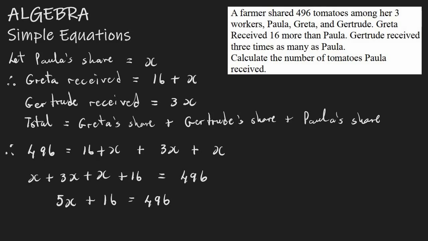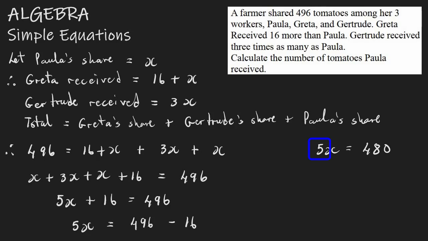Solving for x requires that I have x alone on the left-hand side of my equal sign. So positive 16 will be moving across the equal sign. Therefore, 5x is equal to 496 minus 16, that is equal to 480.